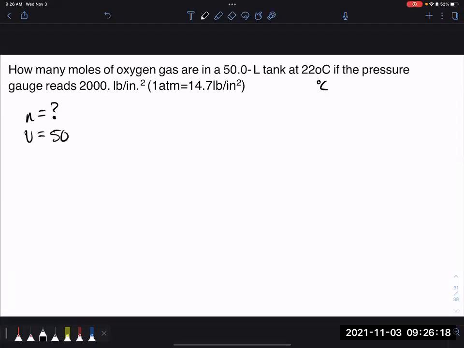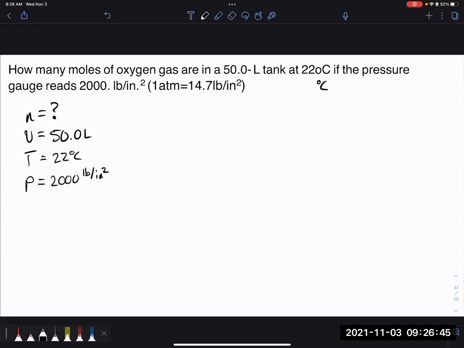Volume equals 50 liters at a temperature of 22 degrees C. The pressure is 2,000 pounds per inch squared.